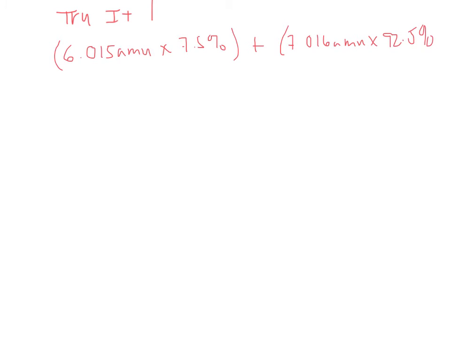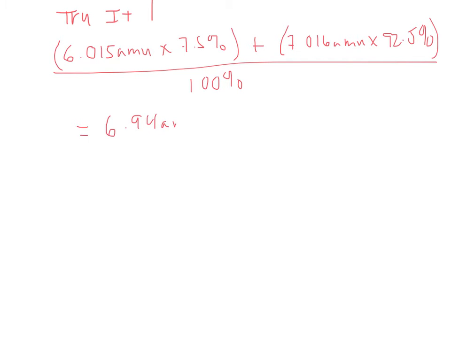You notice my percents add up to 100. That's good. And then I'm just going to divide the whole thing by 100%, or by my sample size. So this kind of looks like a typical average that we do: all of our parts, 7.5 and 92.5, divided by the total parts, 100. And this gives me an average atomic mass of 6.94 AMU.